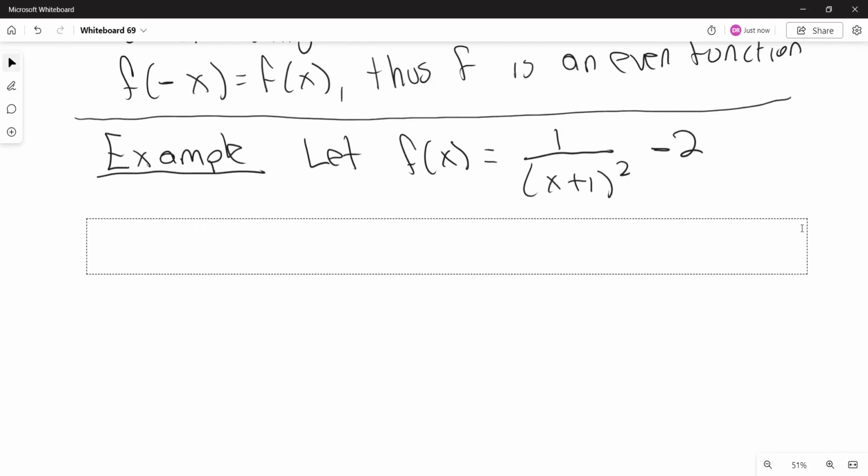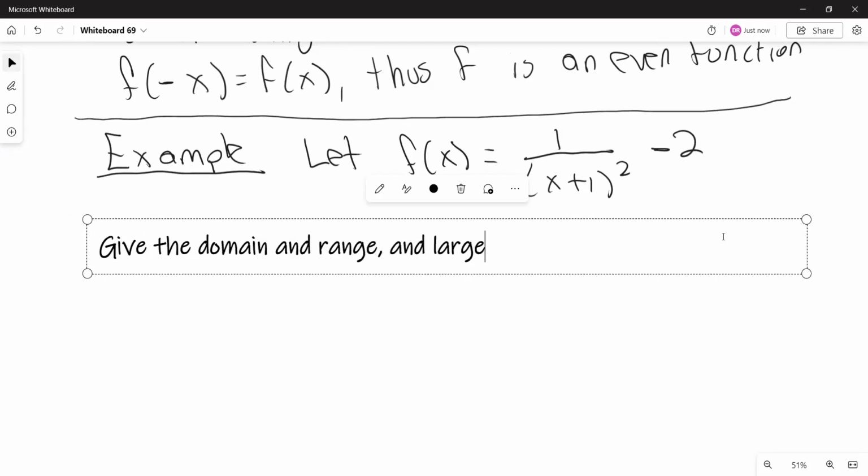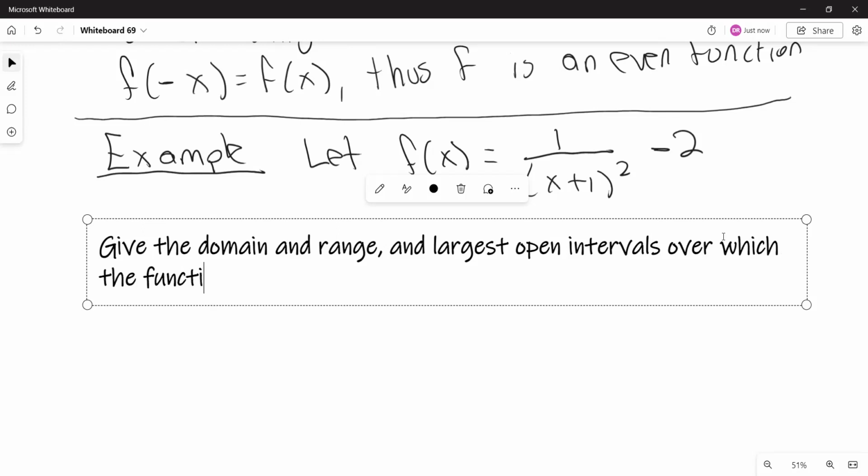We are going to give the domain and range, and the largest open intervals over which the function is increasing or decreasing. And we are going to graph the function.